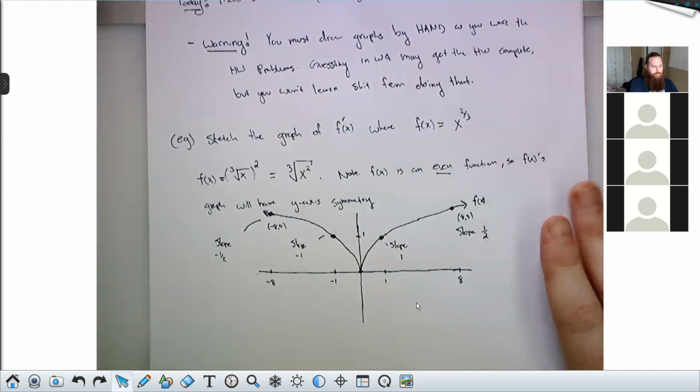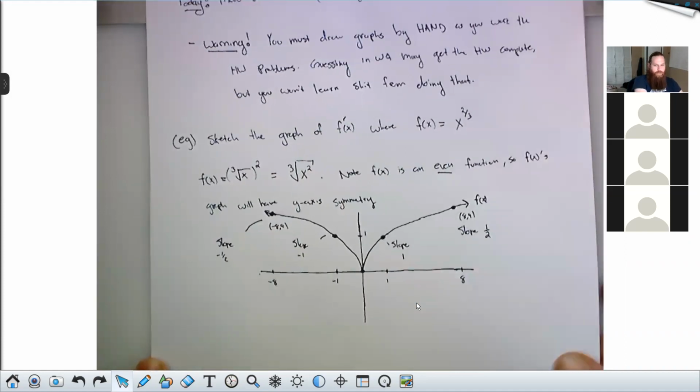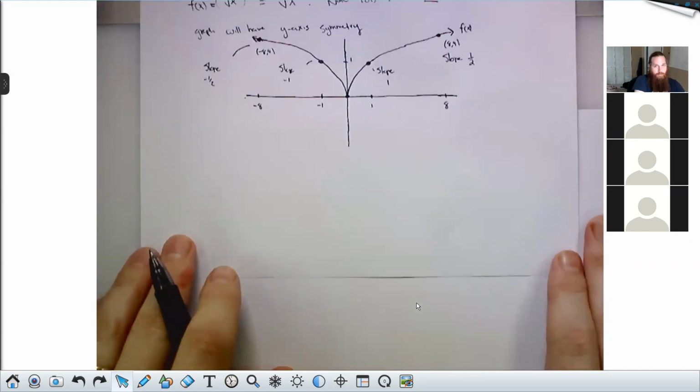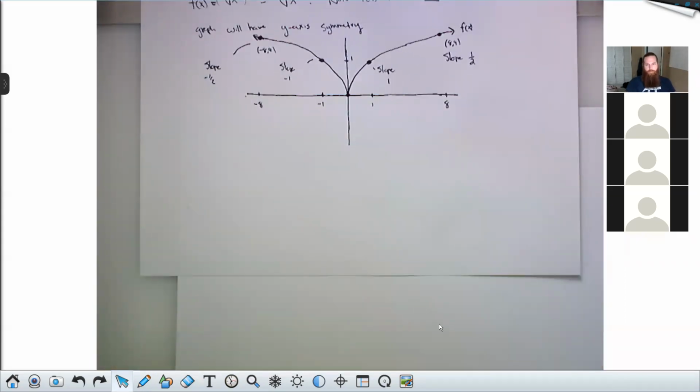And then one other observation I would like to make before we try to sketch the graph of f prime. Yes, you could, but the point here is to sketch the graph of f prime without knowing the formula for f prime.